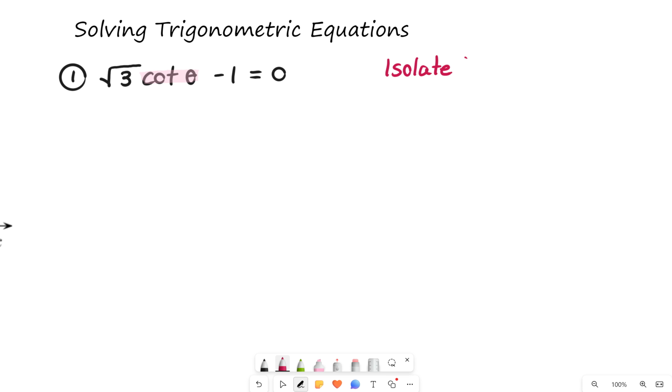So I want to isolate my trig term. Okay, that's going to be the goal. My trig term, the cotangent theta, needs the -1 and the square root of 3 to move to the other side. On the left-hand side of the equal sign, I only want cotangent theta being mentioned.